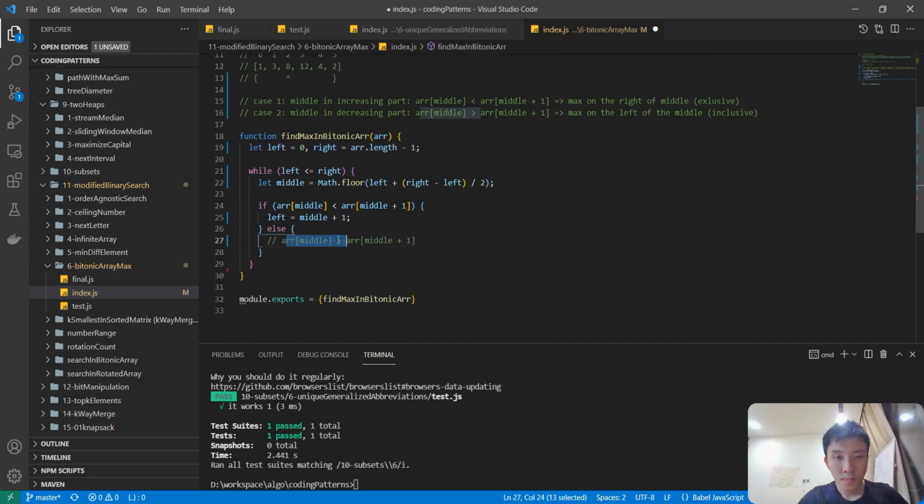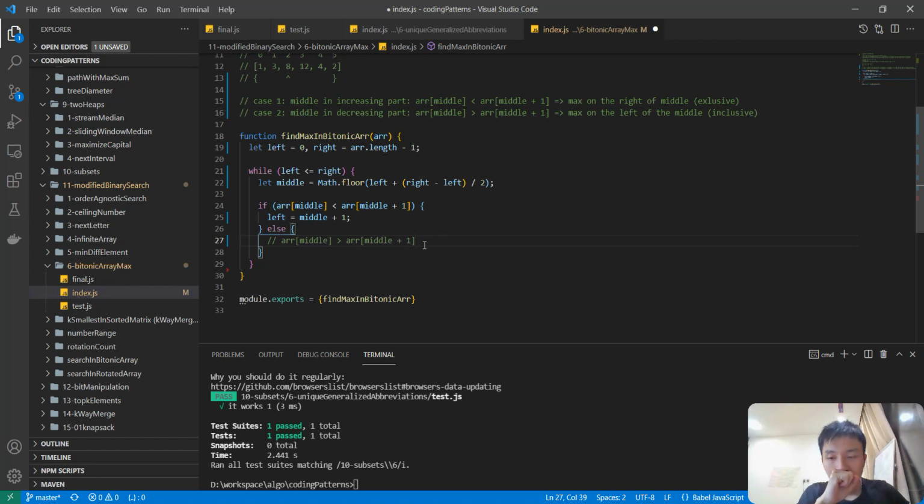So if it gets into this block, what does it mean?